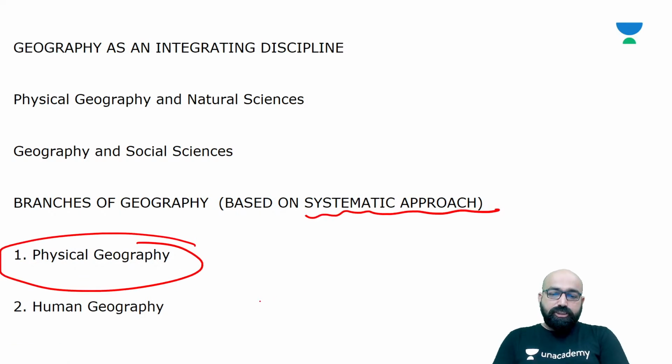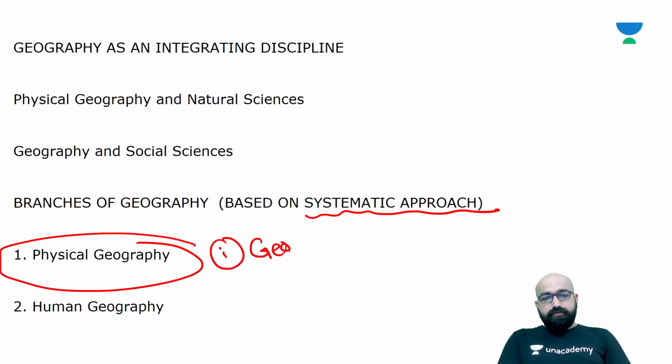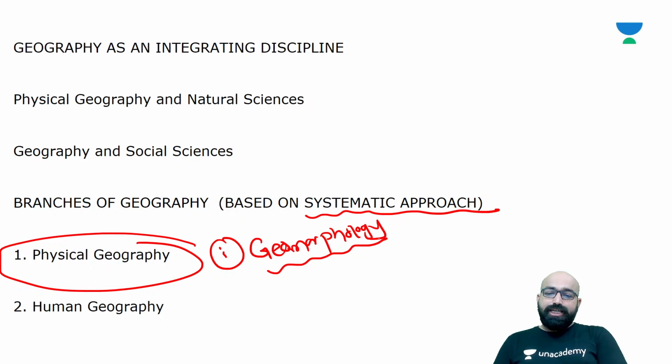So, the branches of geography based on systematic approach. So, physical geography, where geomorphology is devoted to the study of landforms, their evolution and related processes.